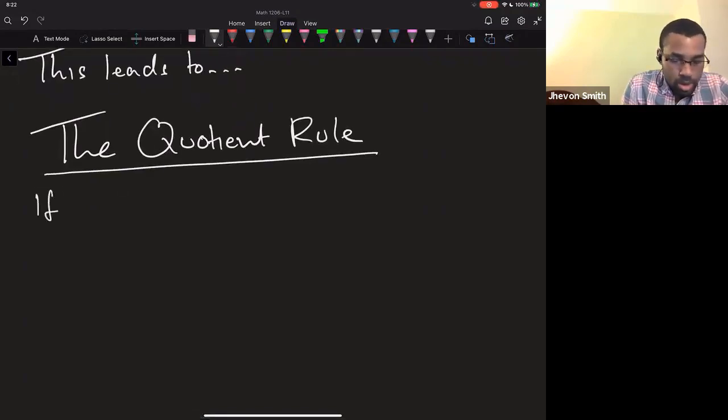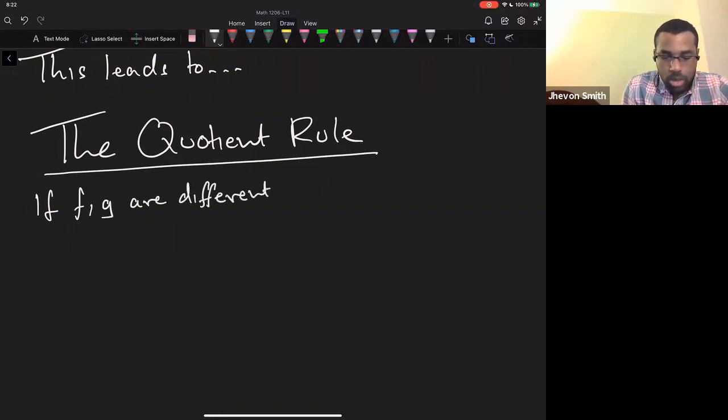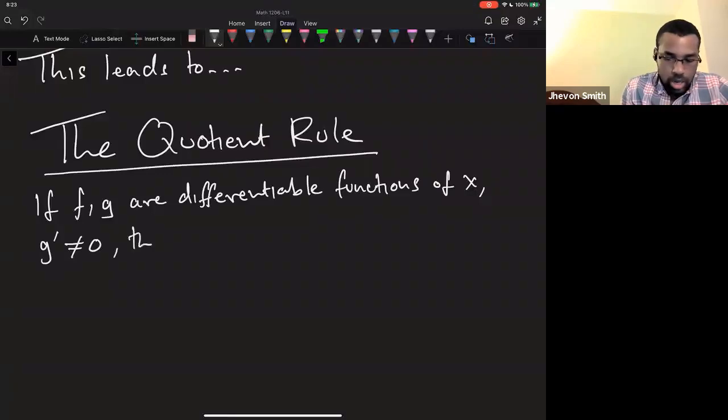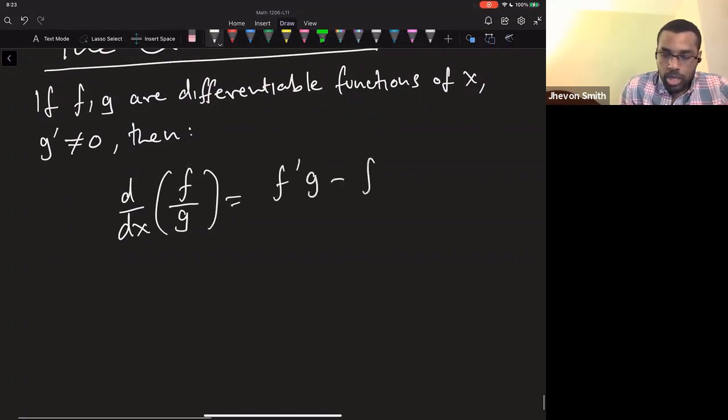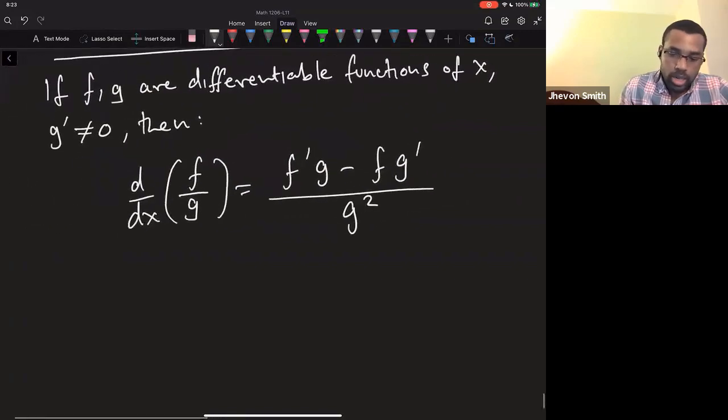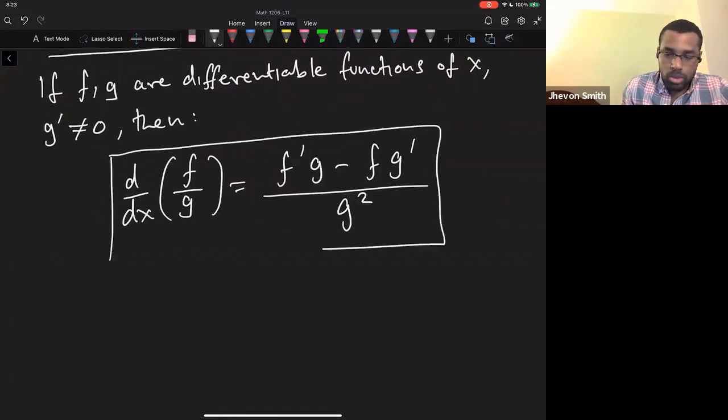So if f and g are differentiable functions of x, g not equal to 0, then the derivative of f divided by g is f prime g minus f g prime all over g squared. And that is the quotient rule.